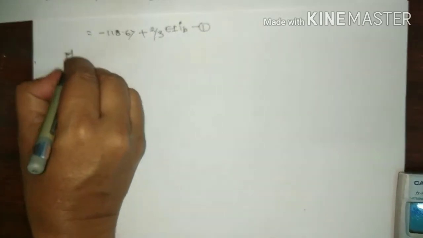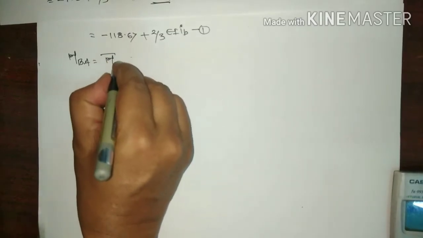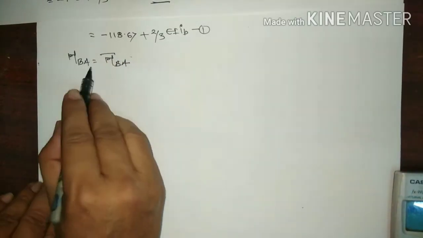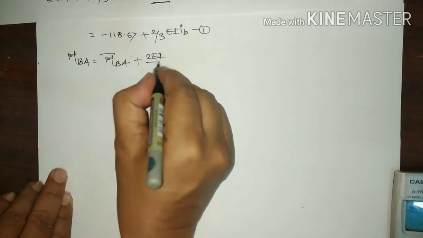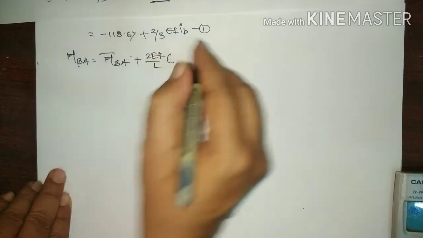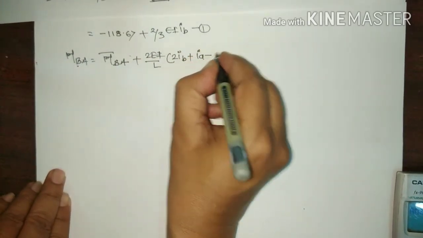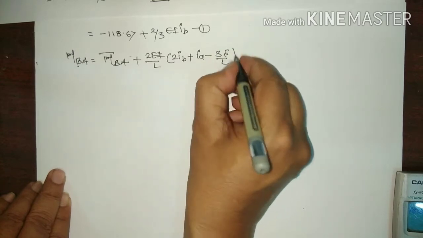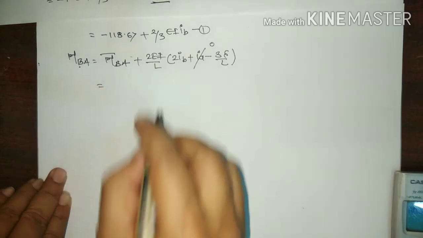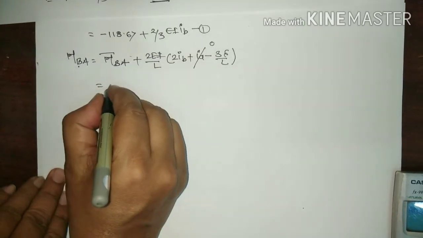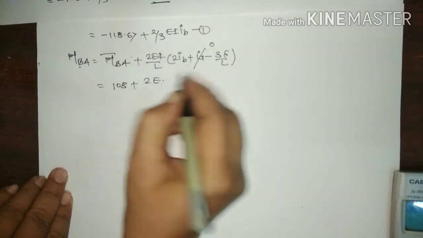Now the MBA, so that M bar BA procedure, BA, M bar BA plus the twice EI by L. Here B is the starting point, so twice θB plus θA minus 3 delta by the L. Here we know θA is 0, so M bar BA, that is the plus 108 plus 2E.